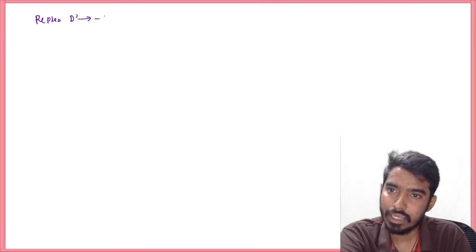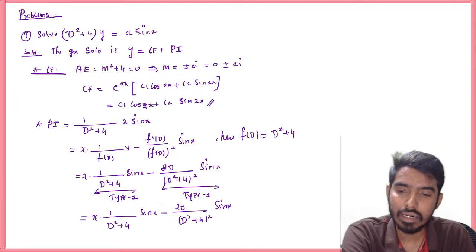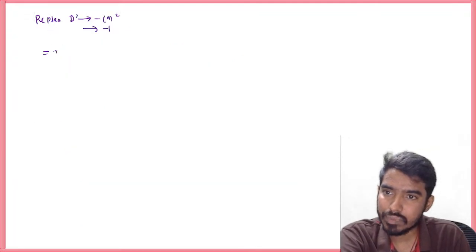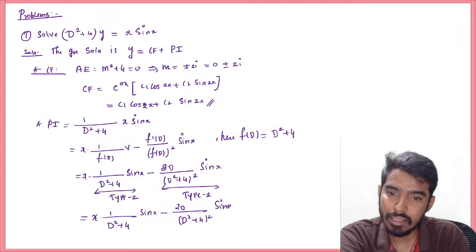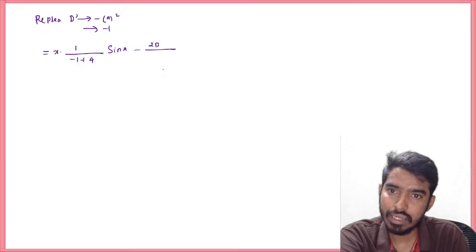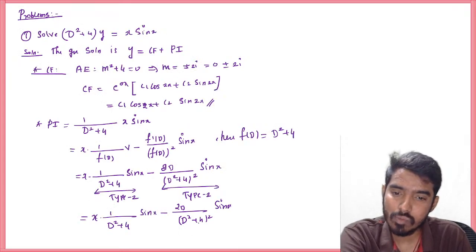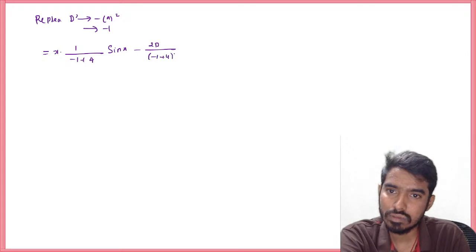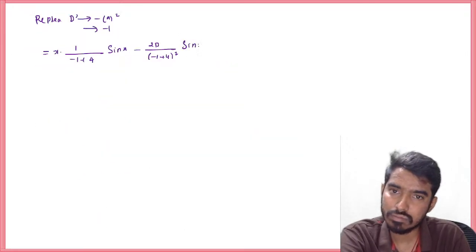In that case, a is 1. So D square is minus 1: x into 1 by minus 1 plus 4 sin x minus 2D divided by minus 1 plus 4 whole square sin x.